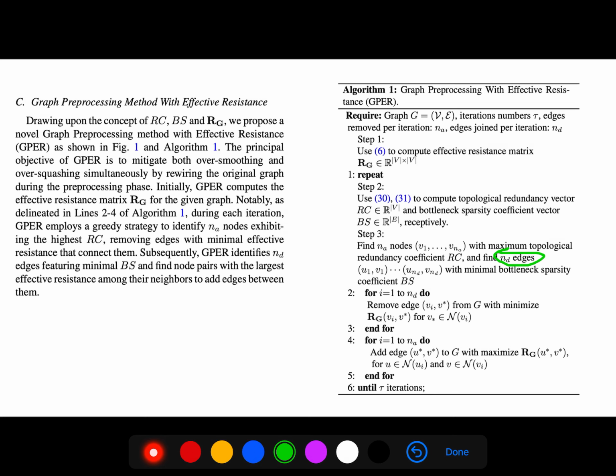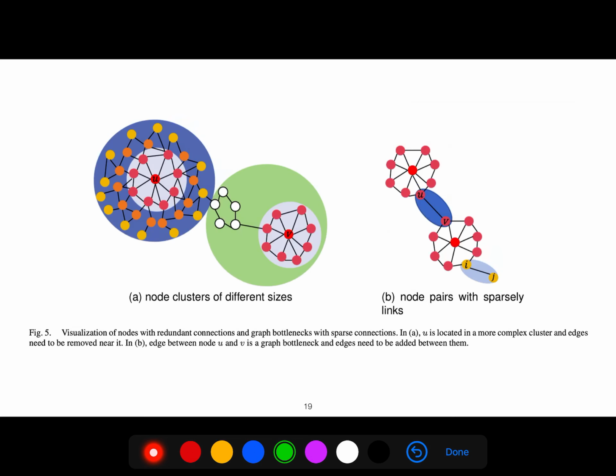Then we remove edges from G that minimize R sub G. And we also add edges. So here we add edges, here we remove edges. We add edges that maximize R sub G of U and V. And we do it for all edges and nodes. So you see the visualization of nodes with redundant connections and graph bottlenecks.